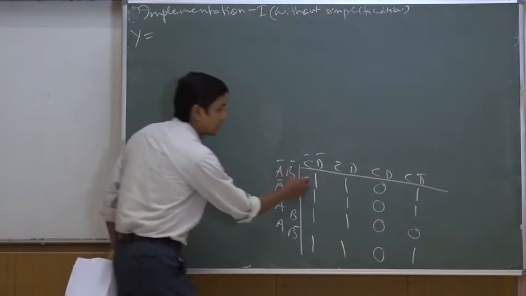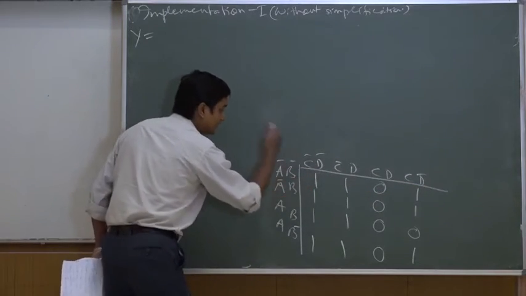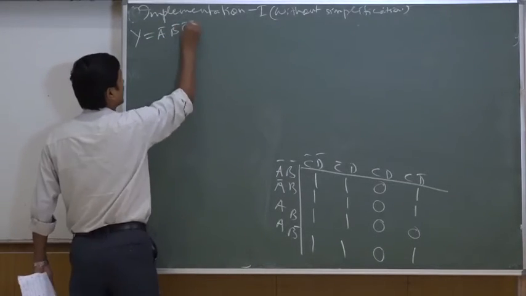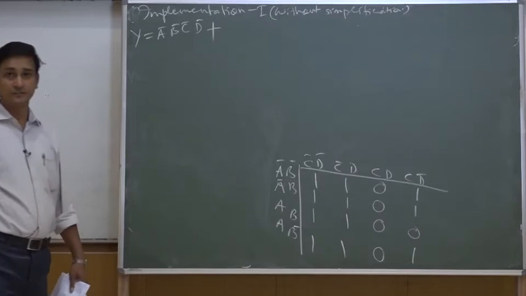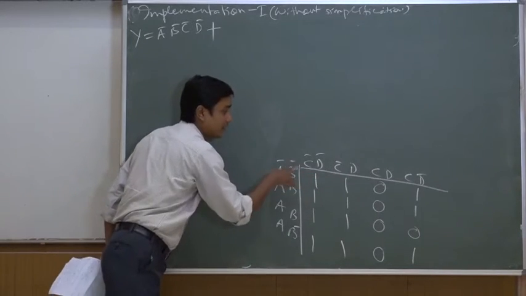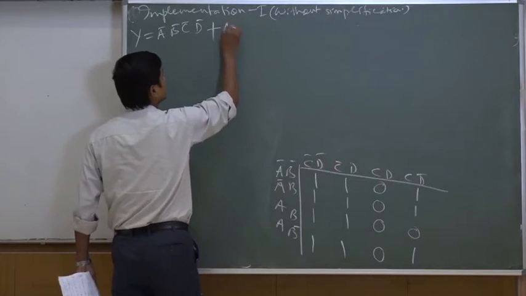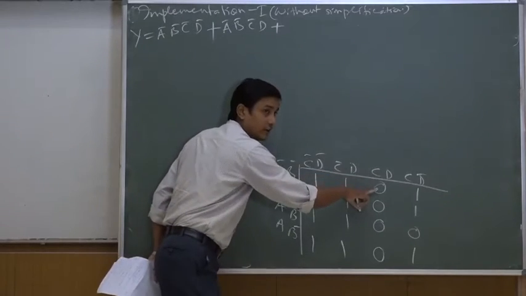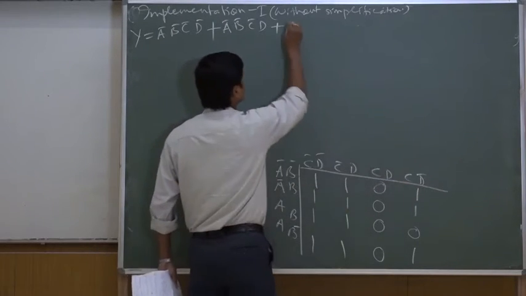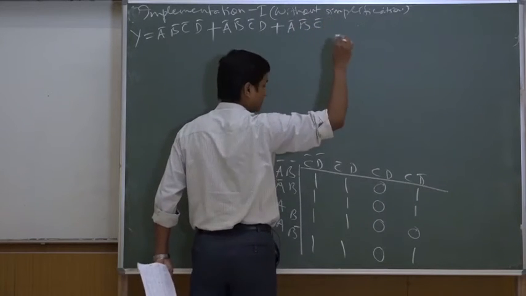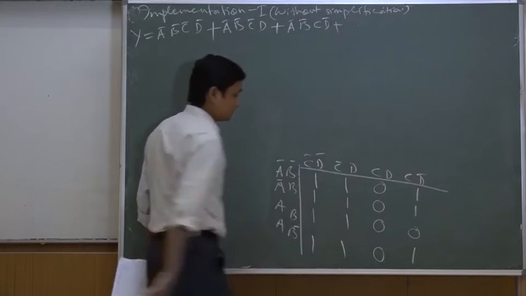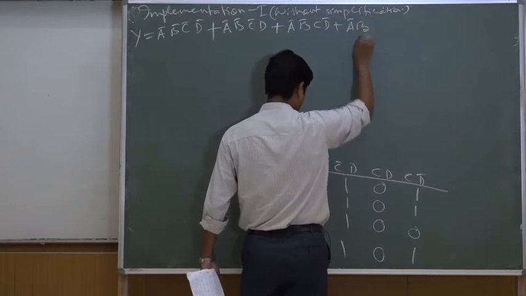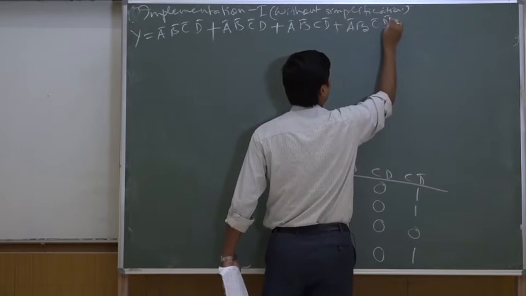Straightforward, I will see where the ones are present. If I take this one, then A bar B bar C bar D bar, or this term A bar B bar C bar D, or A bar B bar C D bar, then here A bar B C bar D bar.